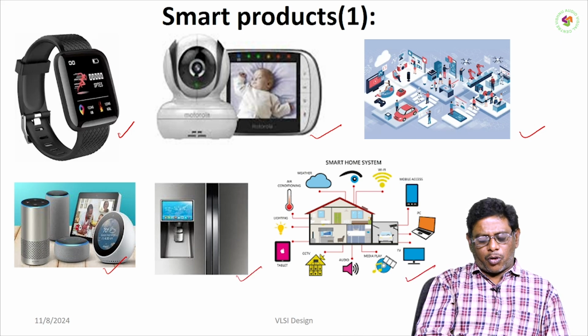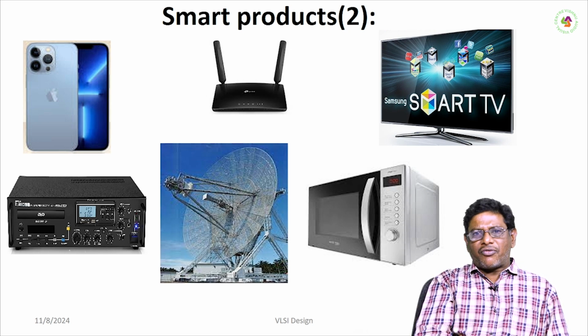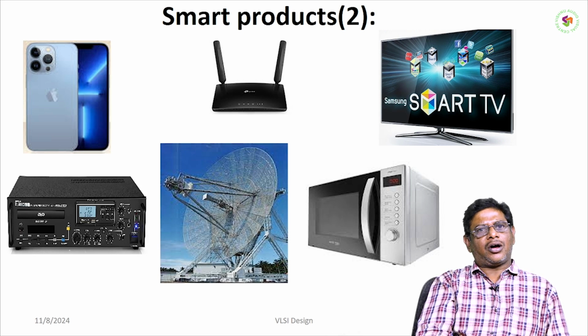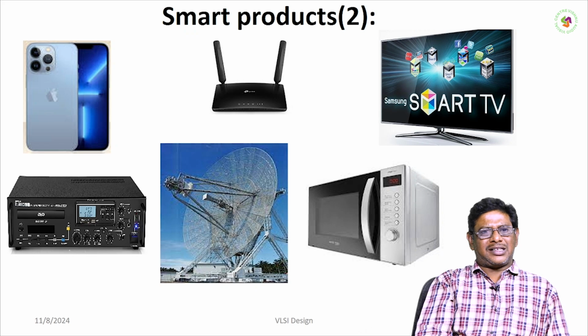The products we use in our daily life consist of millions of integrated circuits, composed of software as well as hardware, where the software comes under VHDL and the hardware comes under different types of design models.